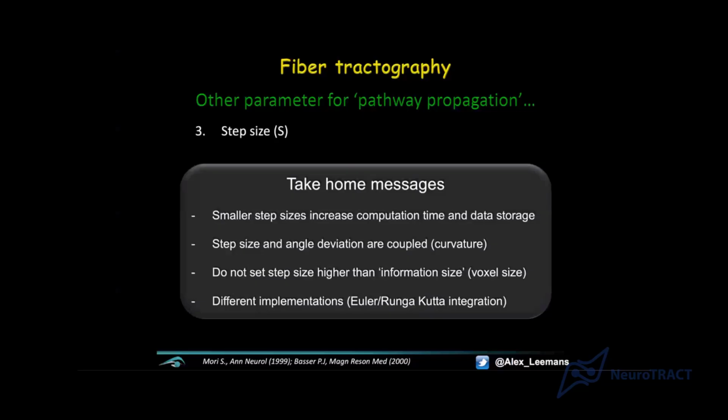If you take 1 millimeter steps, and you take a turn of more than 45 degrees or even 60 degrees, you could easily argue that this is a pathway configuration which is not plausible anymore, so stop tracking.